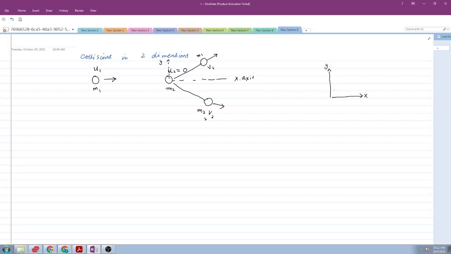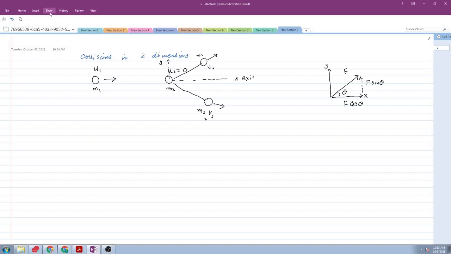If this is a velocity vector, displacement vector, or force vector, and this angle is theta, we can say this is our horizontal component and this is our vertical component. Based on that we can use mathematics to simplify this.